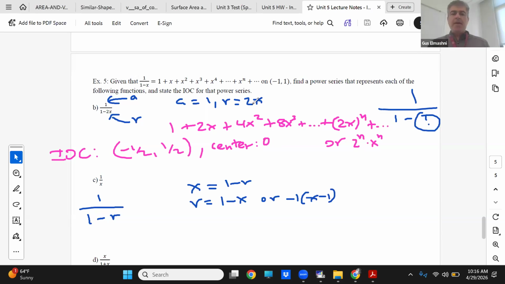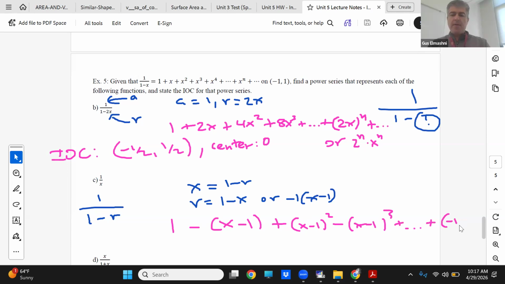Okay, let's go to part C. However, this is a power series. 1. And now that my R is 1 minus x, or -1 times x minus 1, I could think of it like this. That's kind of a cleaner way of writing it.